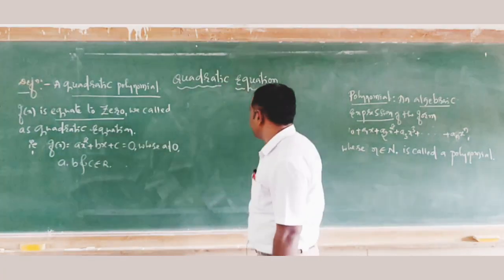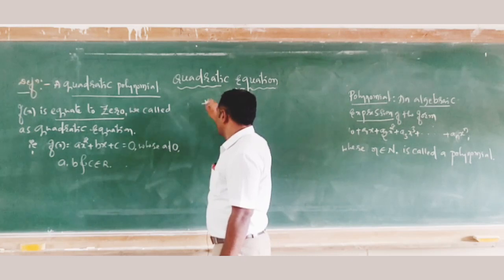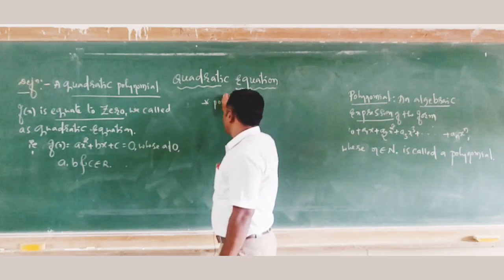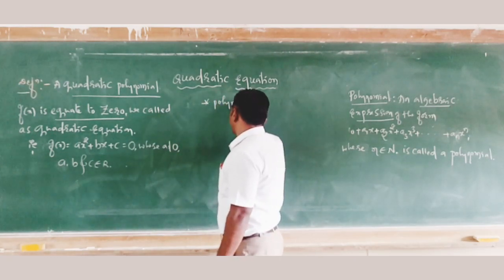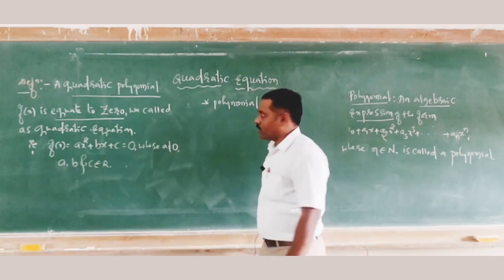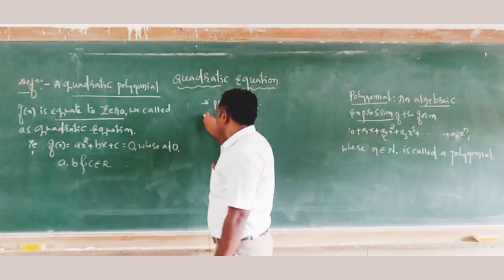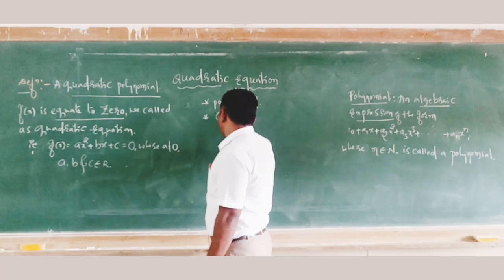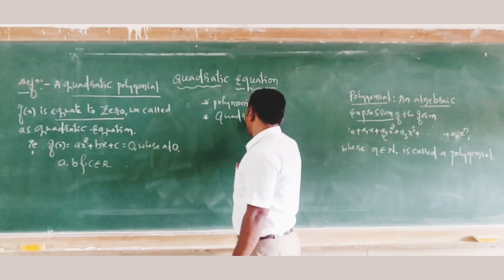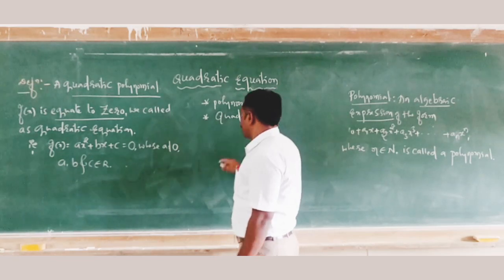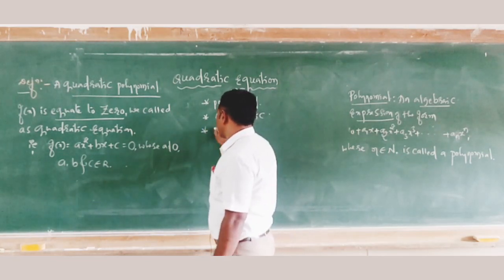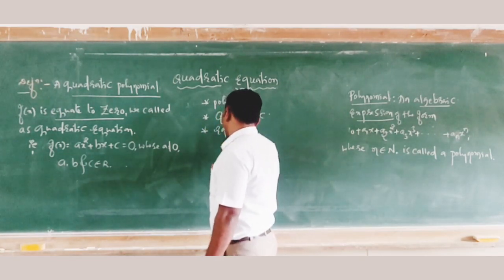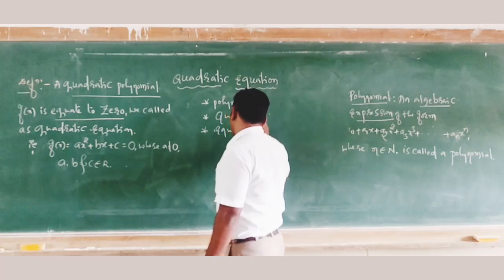One is polynomial, second thing is quadratic, and third thing is equation.